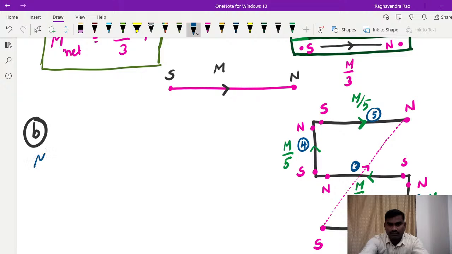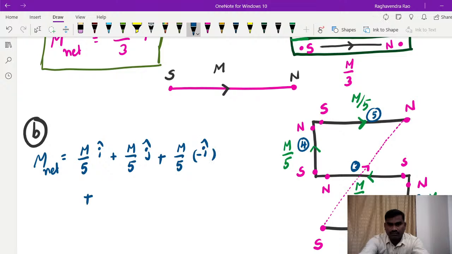Right. So M net is equal to, this is positive x-axis M by 5 i cap, plus this is positive y-axis M by 5 j cap, plus this is negative x-axis M by 5 minus i cap, plus 3 is over.